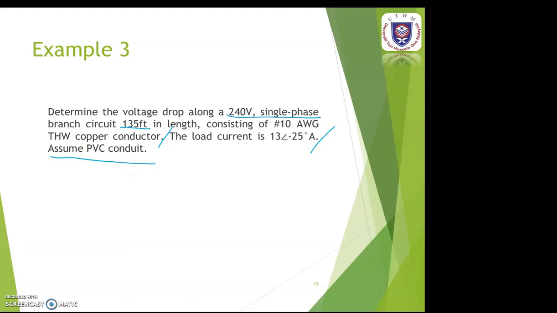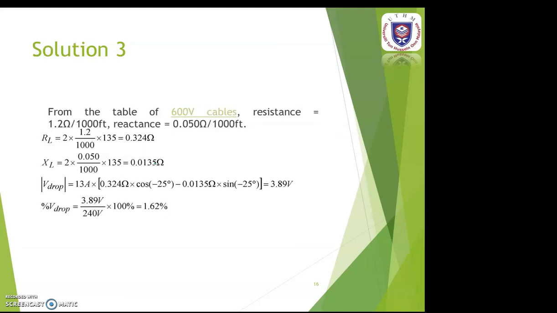So what is the solution? First, you have to refer to the table of 600 volt cables, and from there look at the cable size, which is 10.